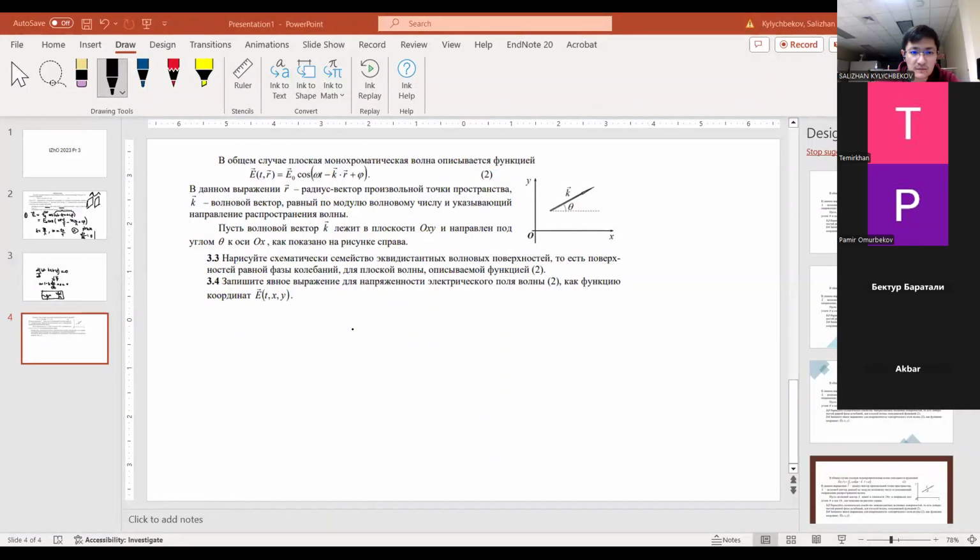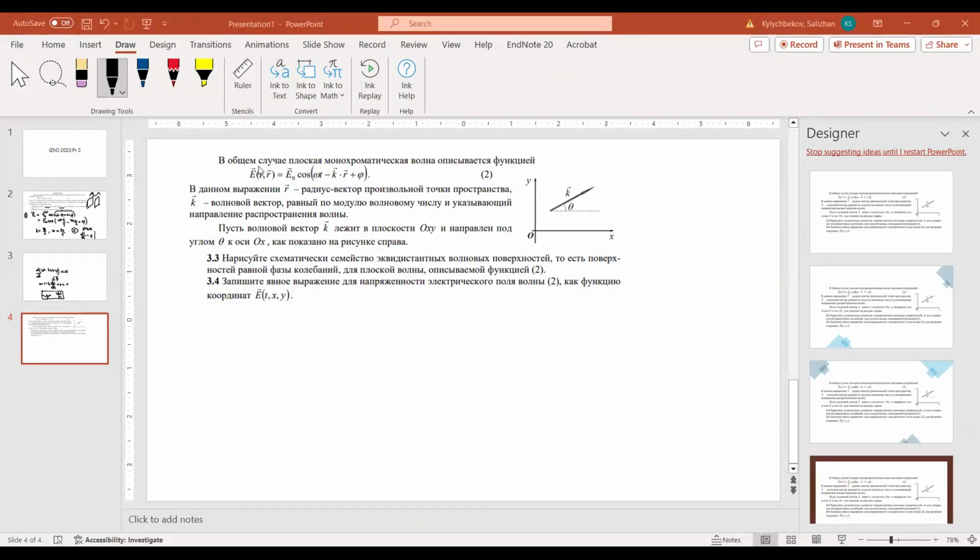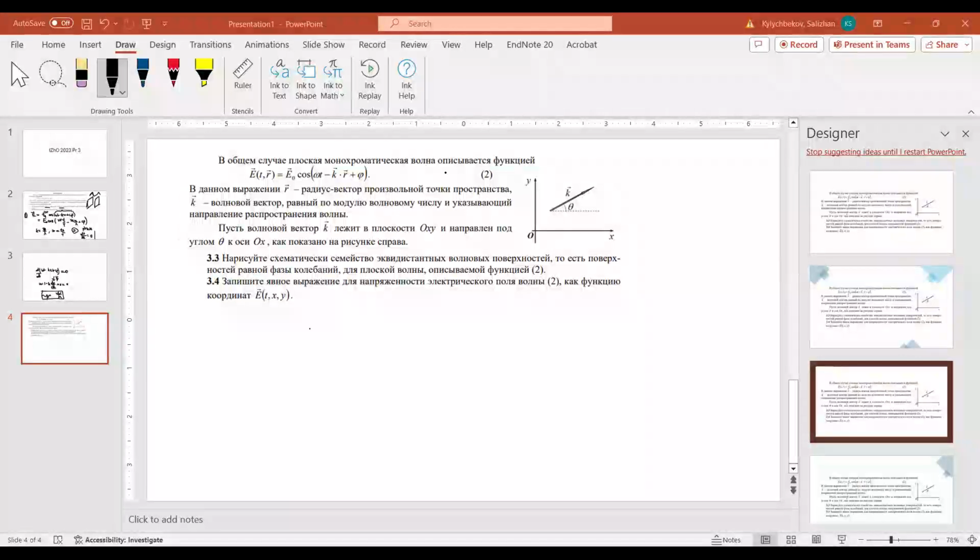Sorry for that. So now the next part: in the general case, a plane monochromatic wave is described by a function.